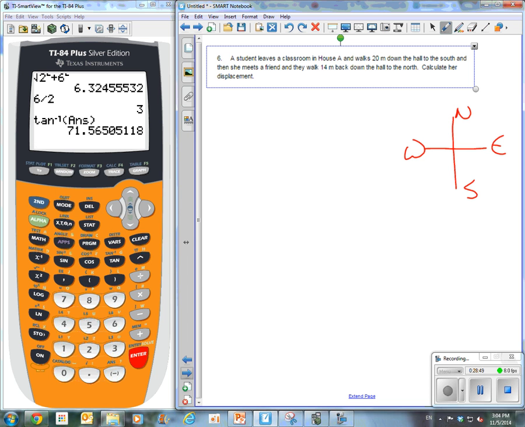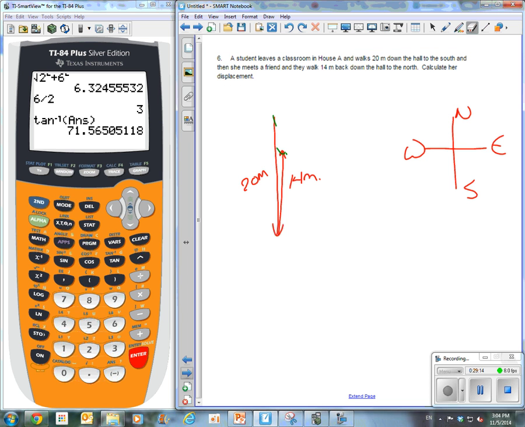Okay, so it says here that she starts in a classroom and walks 20 meters down the hall south. She meets her friend and they walk 14 meters back down the hall north. So my resultant is there. I know I drew that as a crooked arrow, but it should be a straight one. So this would be south.